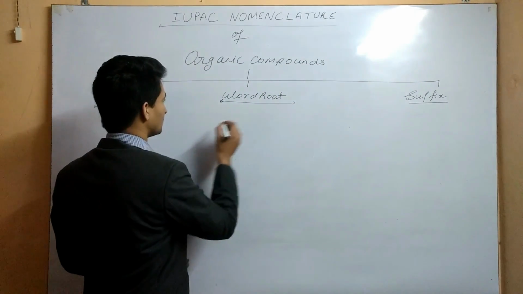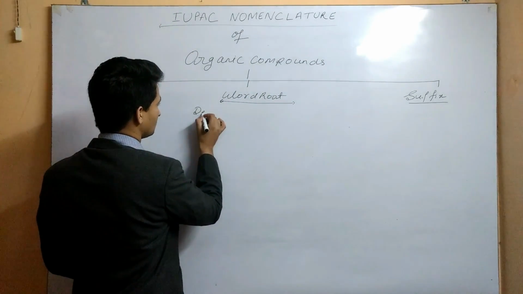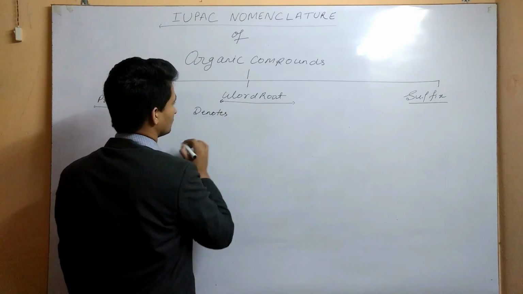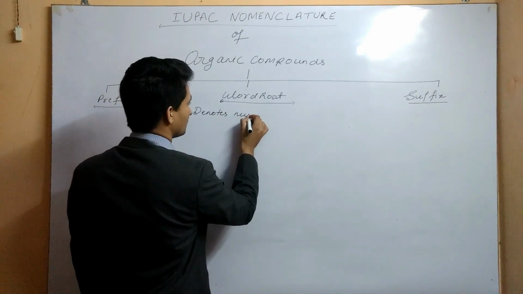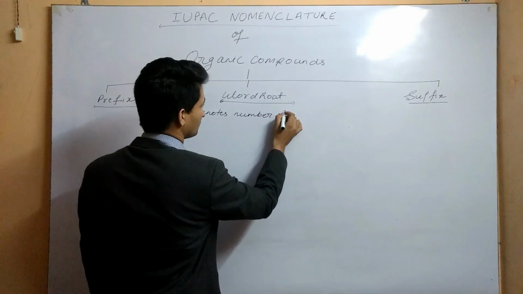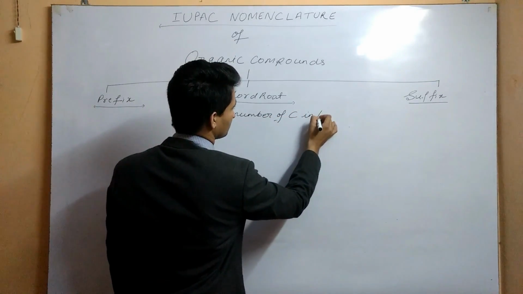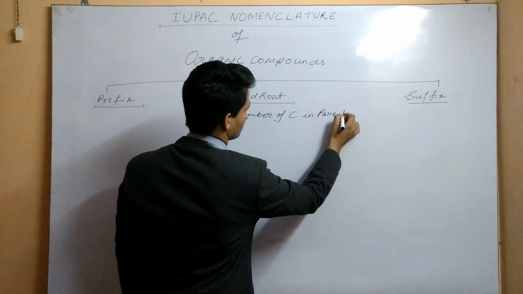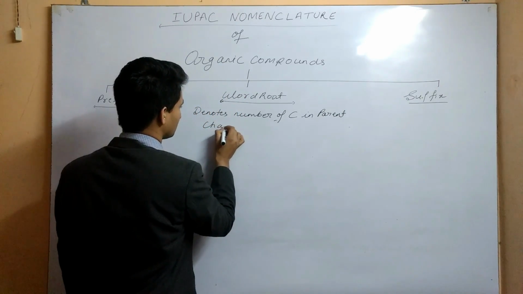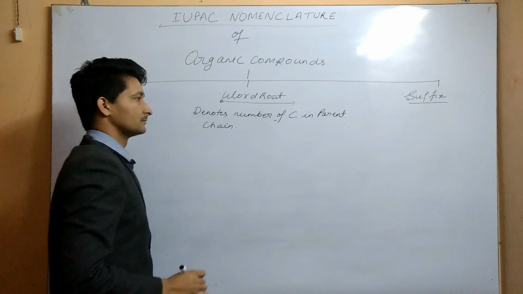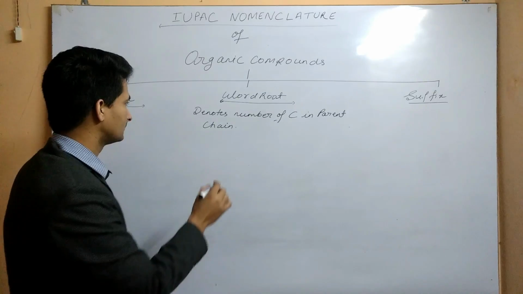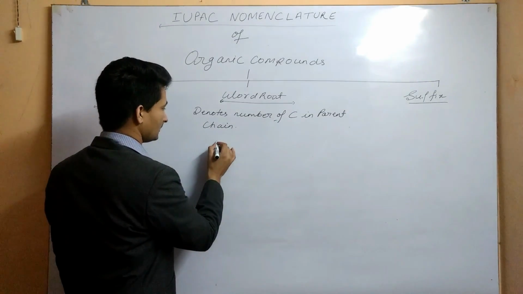So the word root denotes the number of carbon in the parent chain.